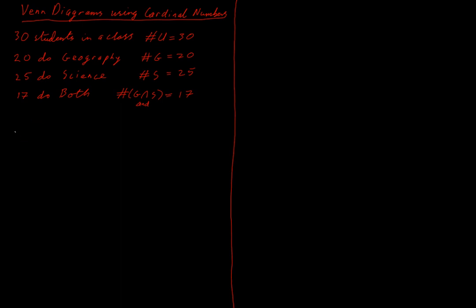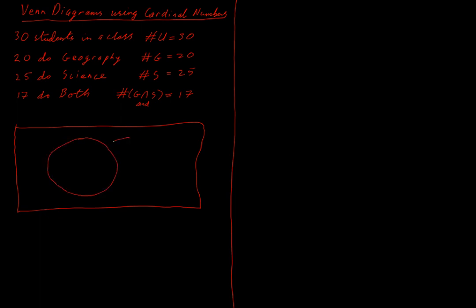What we're going to do is draw out our box for our universe. Because remember, the universal set is our special set, so instead of drawing a circle, we draw a rectangular box. And we have the universe. And when we're doing cardinal numbers, what we can do is say the name of our set and then draw a square bracket.